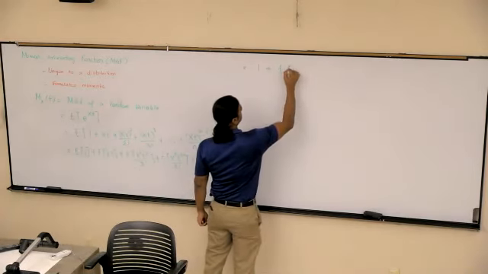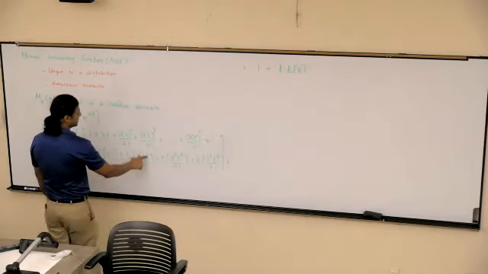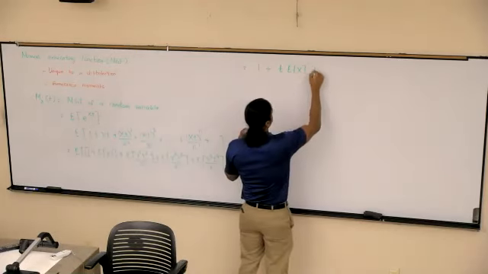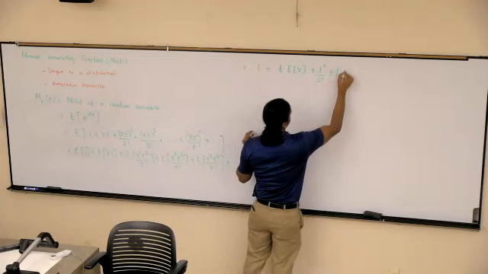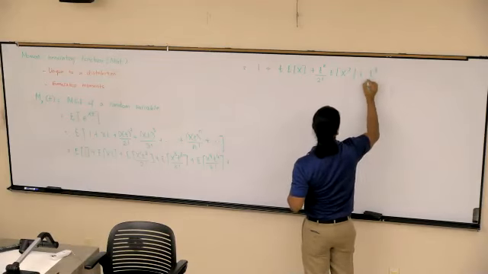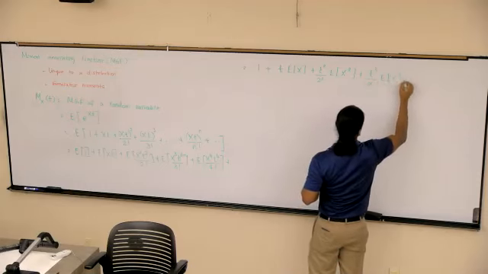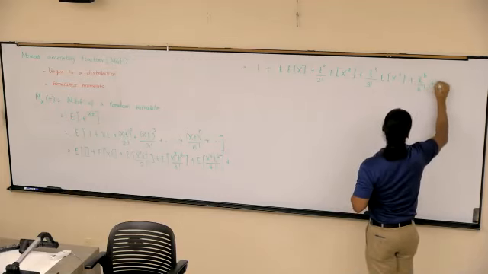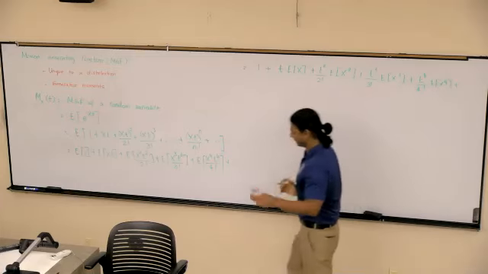So t times expectation of X. Then t squared over 2 factorial, likewise t cubed divided by 3 factorial, and it keeps on going.